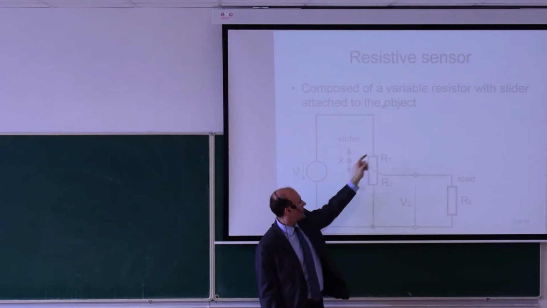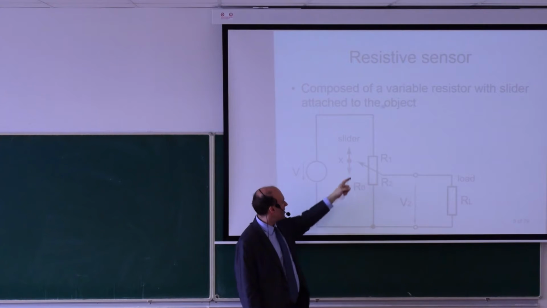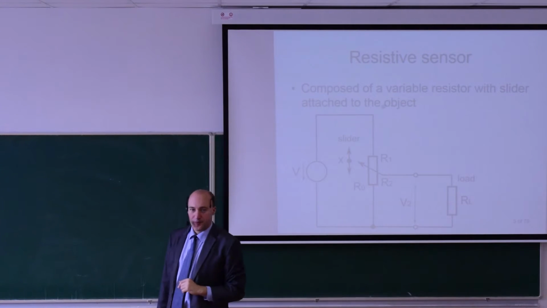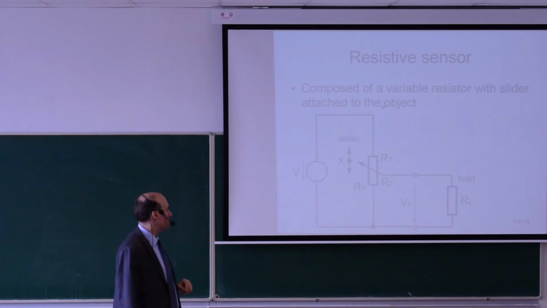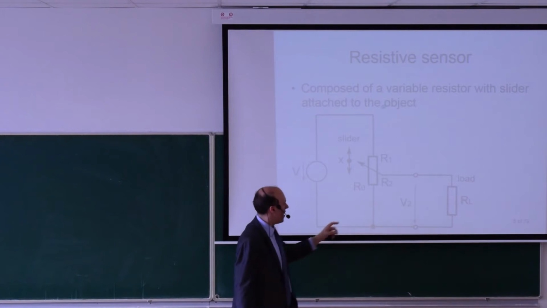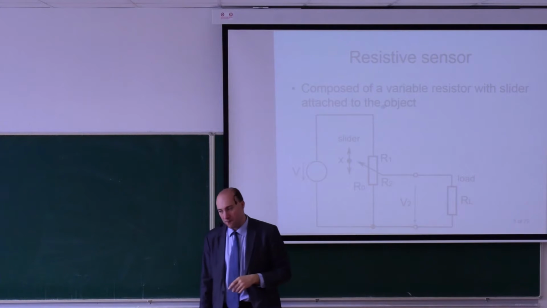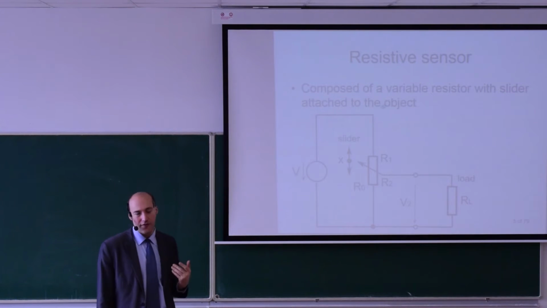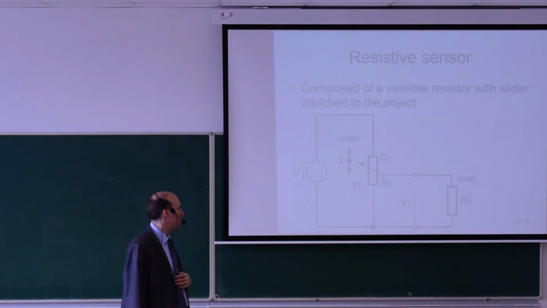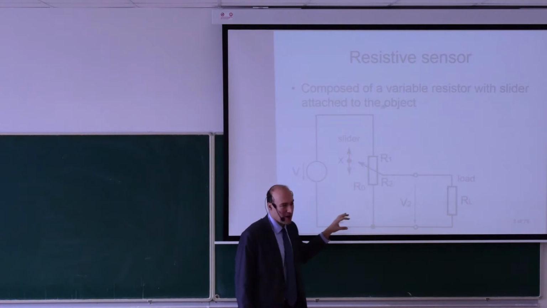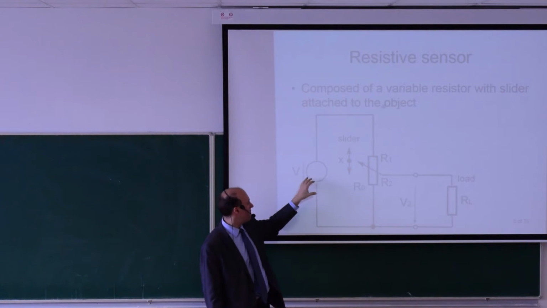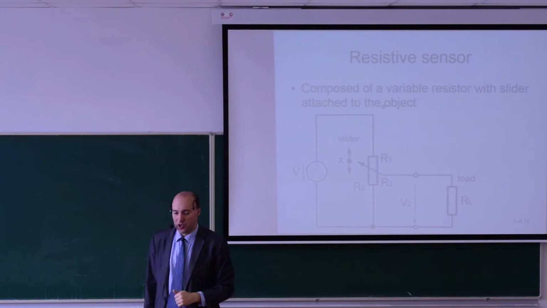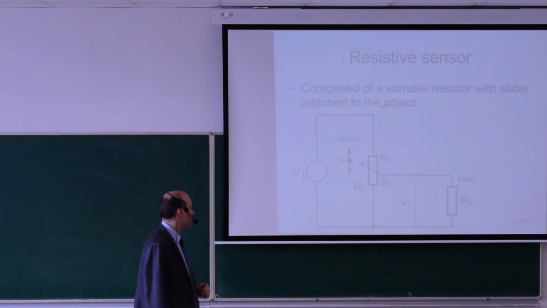These two terminals are fixed, and this is the slider, and I can move the slider up and down. The initial resistance of the sensor, I will call it R0, is typically a few kilo ohms, and this will also have an important effect on the behavior of the sensor. We need a power supply, so it's powered with a DC voltage, since I'm measuring changes of electrical resistance.